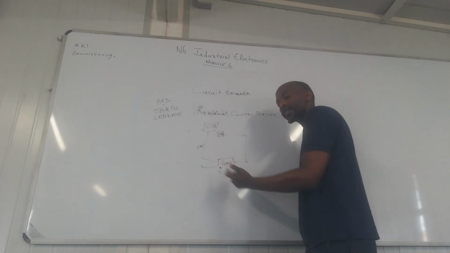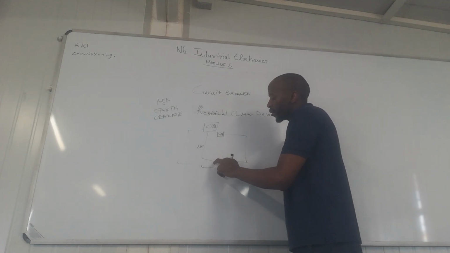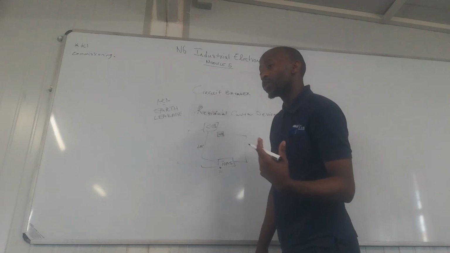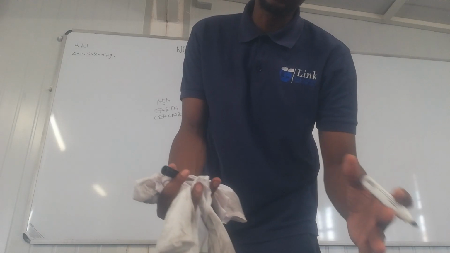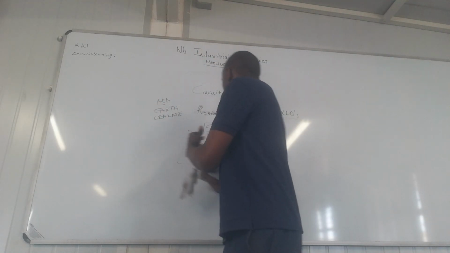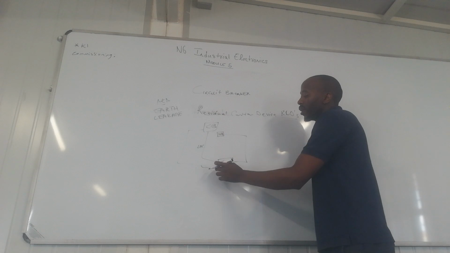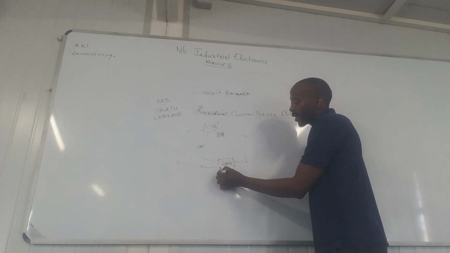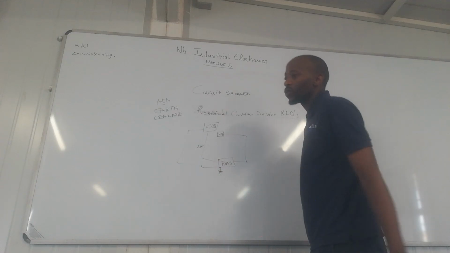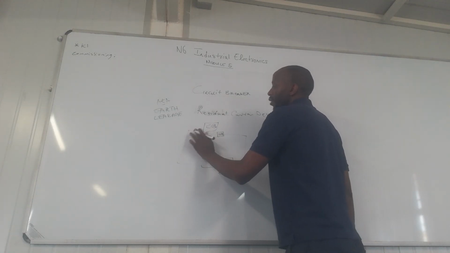What is leakage current? Leakage current is what I just explained to you. Now the toaster is faulty. The live is now touching the body of the toaster, when it is not supposed to touch. Meaning the toaster is now live. When you touch the toaster, you get electrocuted. Now this earth wire takes the current down to earth.